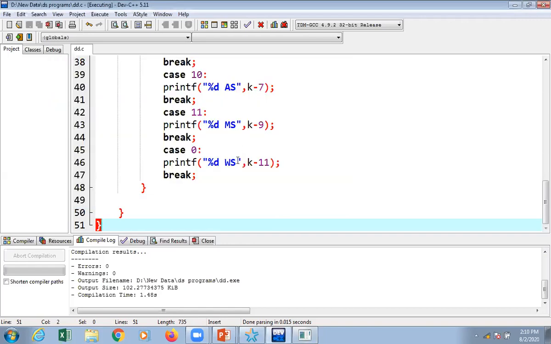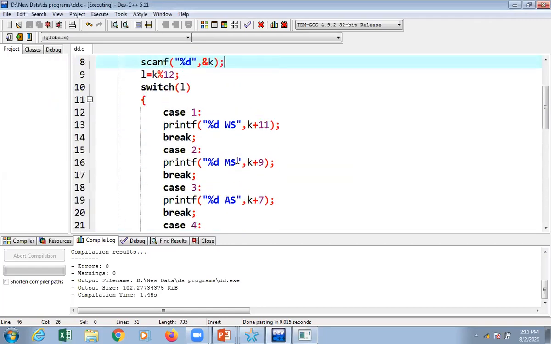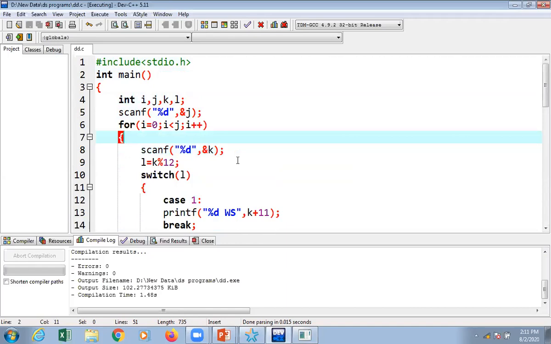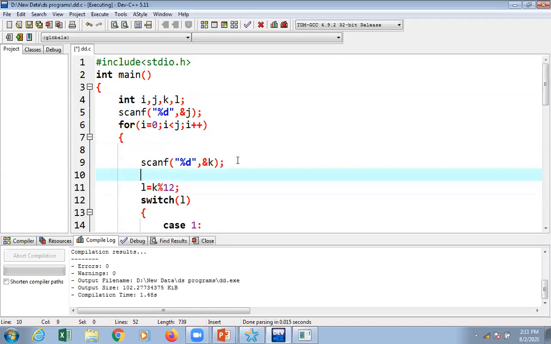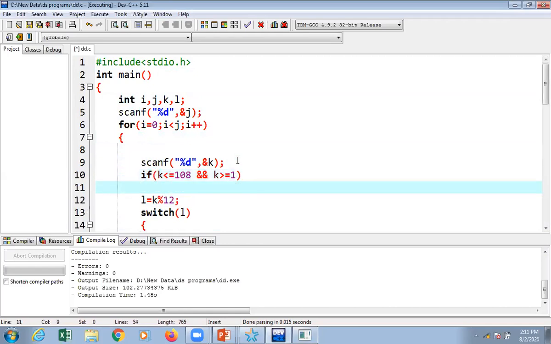We have not mentioned one thing here in the starting, that we have to take a condition that the seat number that we are taking should be less than or equal to 108, and greater than or equal to 1. Then only this should work.